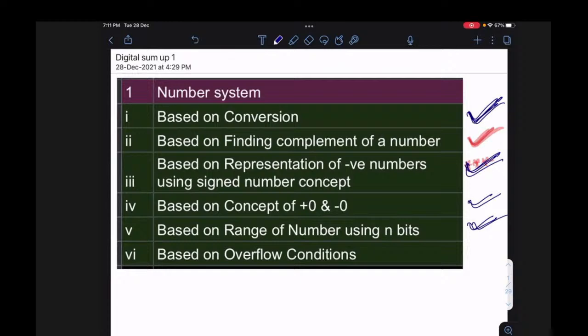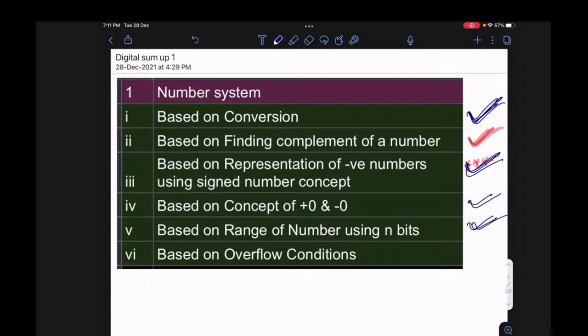As I said, nobody can explain or help you out in the skill-based questions. Skill-based questions you have to think through yourself, but you can ask frequent model questions. Moink is asking, sir, is number system important for GATE 22? There are a total of 14 topics.